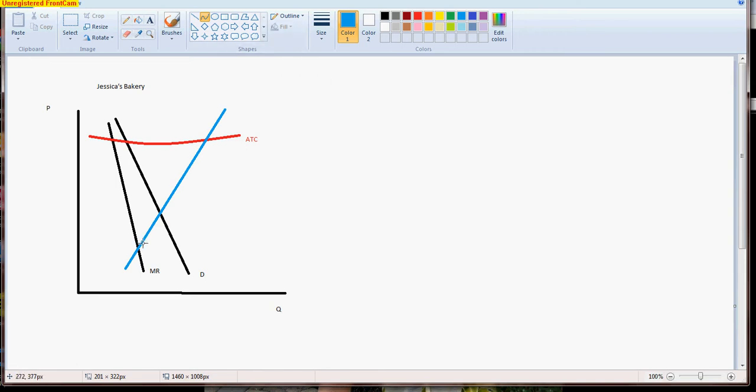So our marginal cost curve is going to be blue, and we'll label this. And then we also are going to put in our average variable cost curve. So for this example, we'll put the average variable cost curve right about there. Probably a little bit low. Need the curve tool. So we'll draw this one again, put it right there, drag it down, and this is going to be our average variable cost curve.